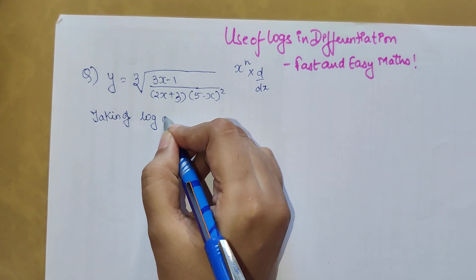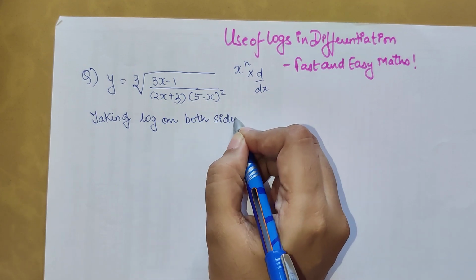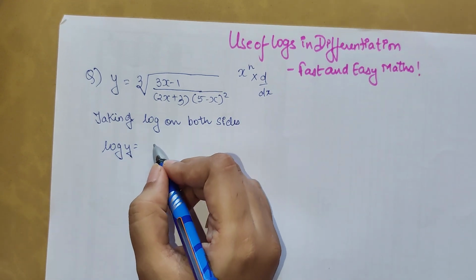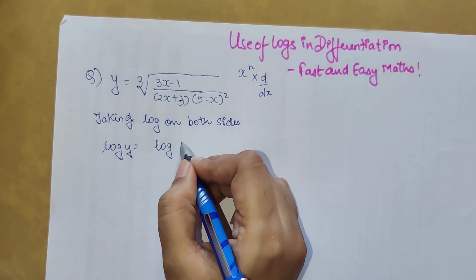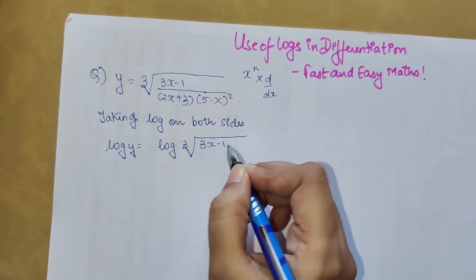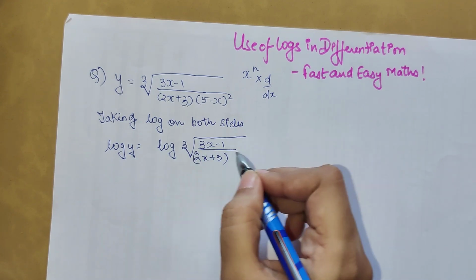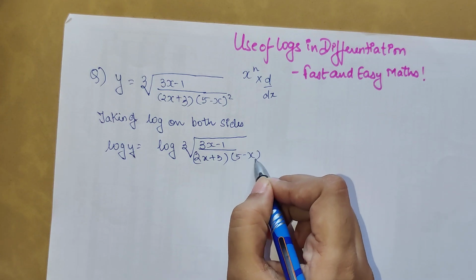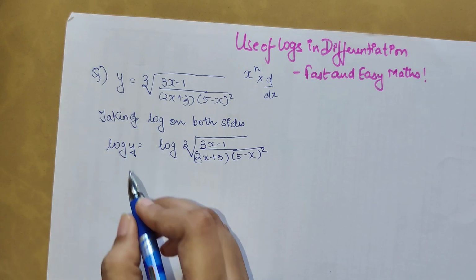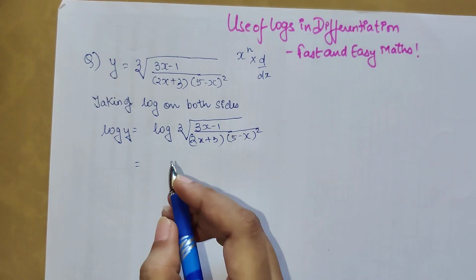So first things first, what we'll do is take log on both sides. So what we get is log y is equal to log of cube root of (3x minus 1 upon 2x plus 3) the whole, multiplied by (5 minus x) the whole square. Now we'll keep this log y as it is and use principles of log on this side of the equation.